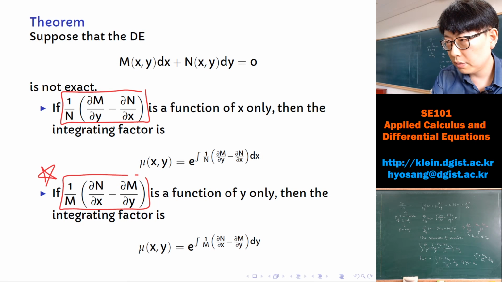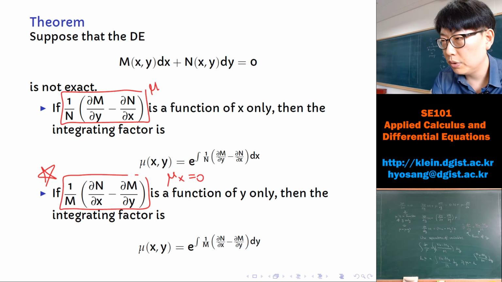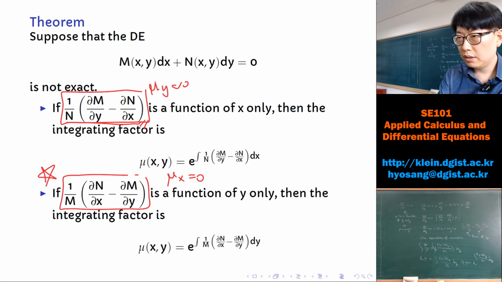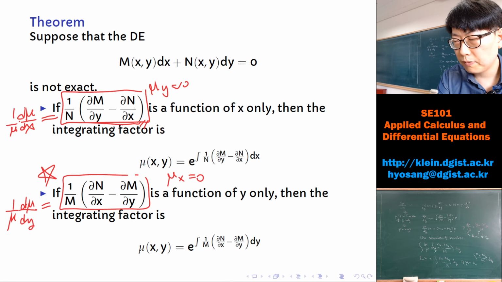This is when mu x equals 0, and this is when mu y equals 0. So when mu y equals 0, this will be the factor that equals 1 over mu d mu dx, and this is the factor that equals d mu dy.